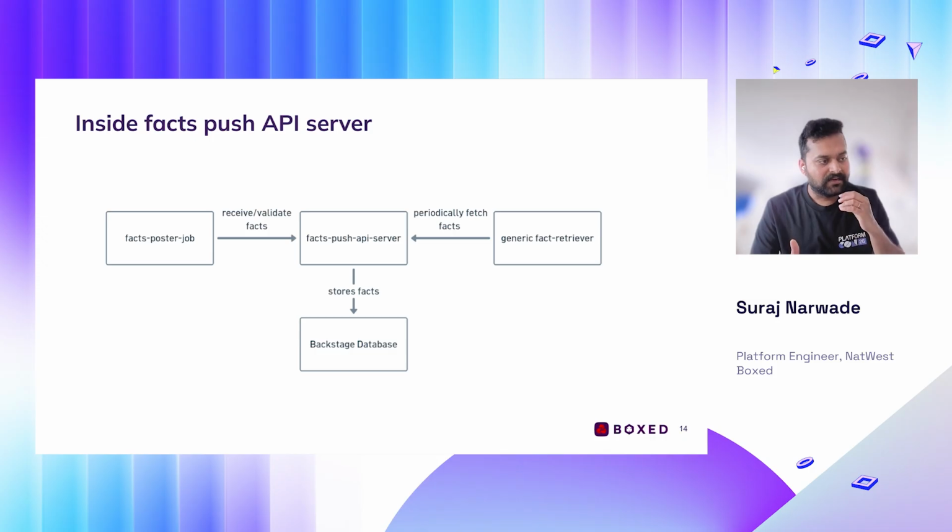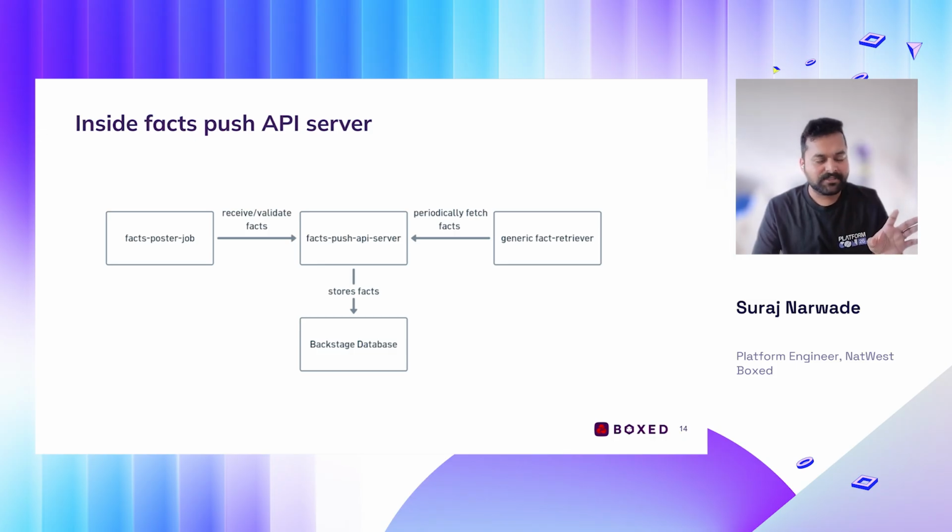We have the generic fact retriever, which we created earlier. It registered my fact retriever using the factory. It will fetch the facts from my API server periodically. That's it. Very simple. We'll see the endpoint very soon, how it looks like.